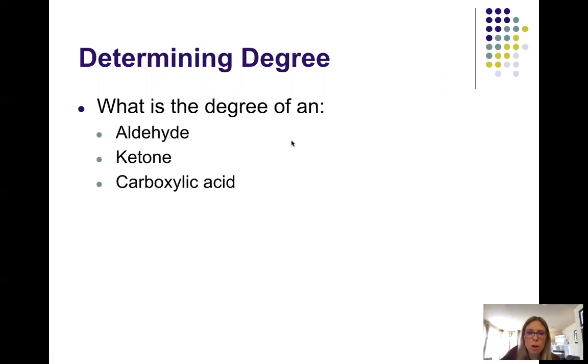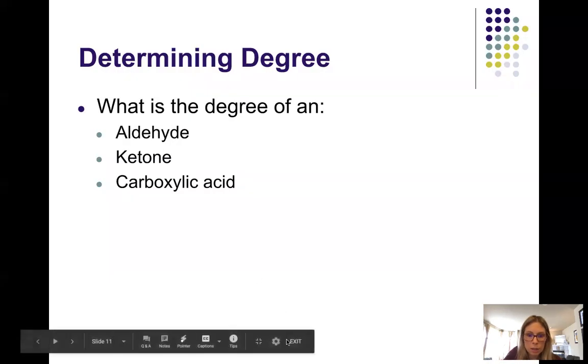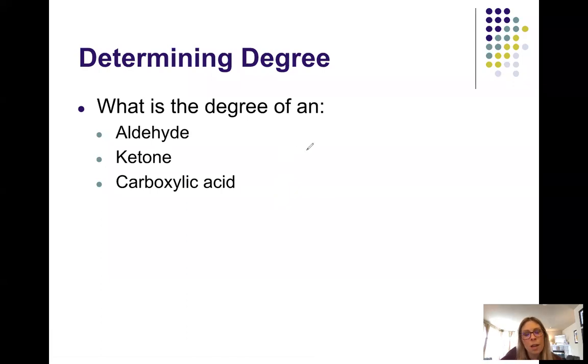All right, so our aldehyde, if you remember, we are going to have our aldehyde, again remembering aldehydes and ketones, they are both just carbon double bonded to an oxygen. But where they're located in the carbon chain is going to be different.